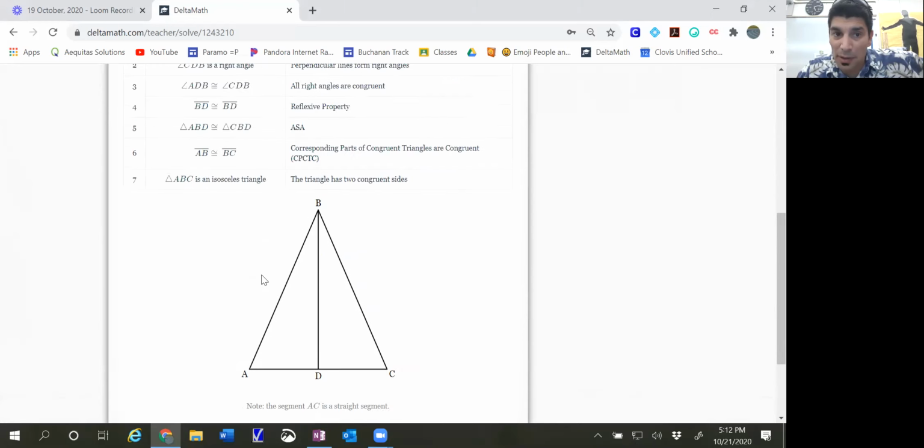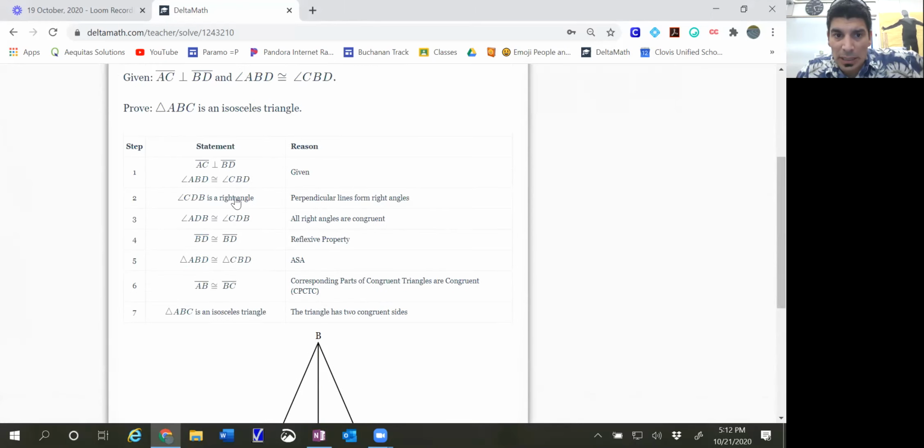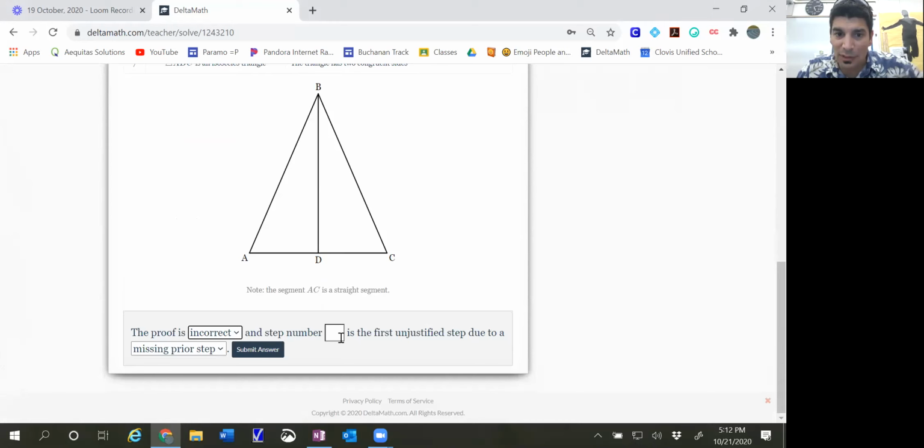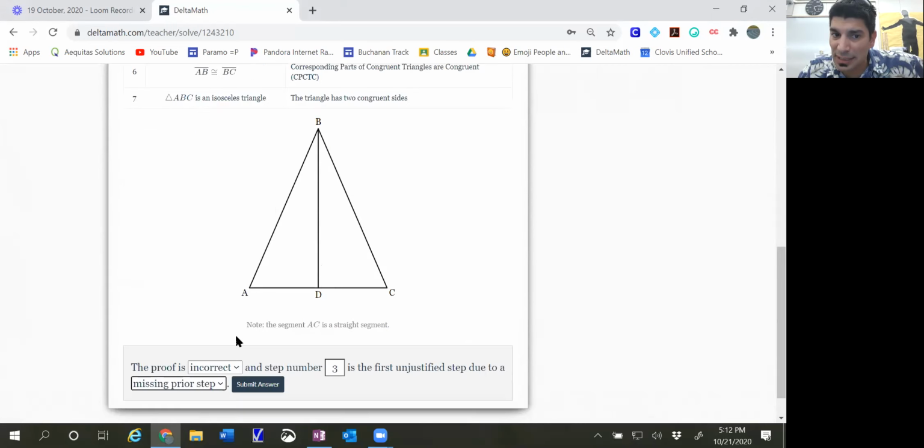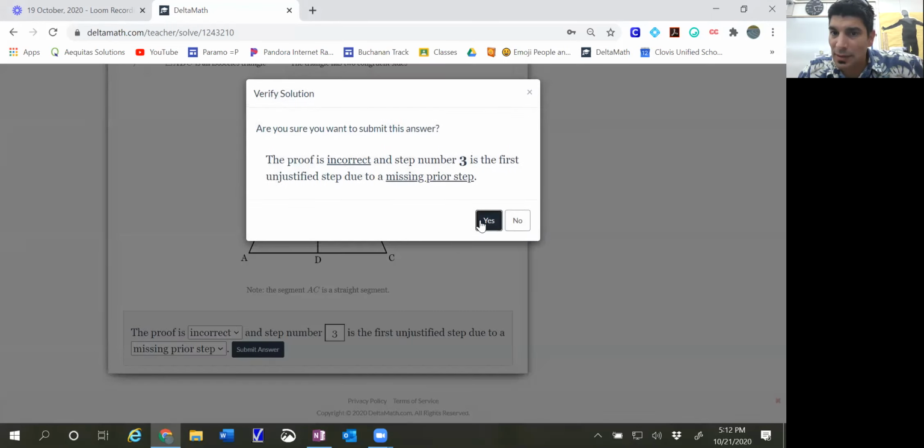And step number, well, this is correct, but I don't think we can say that number 3 yet. I don't think we can say step 3 yet is the first unjustified step. Is it because it's missing or is it because it's the wrong reason? I believe it needs something else first, doesn't it? And then we'll submit that and we'll see if we got it right.